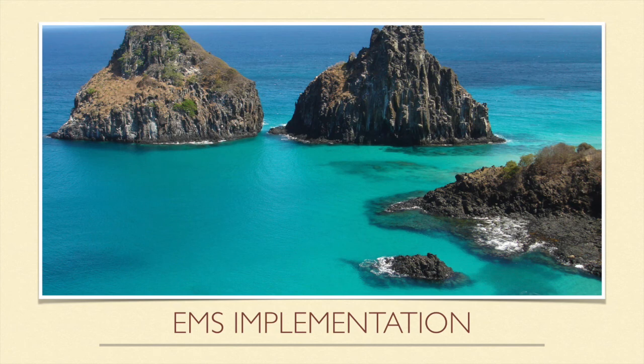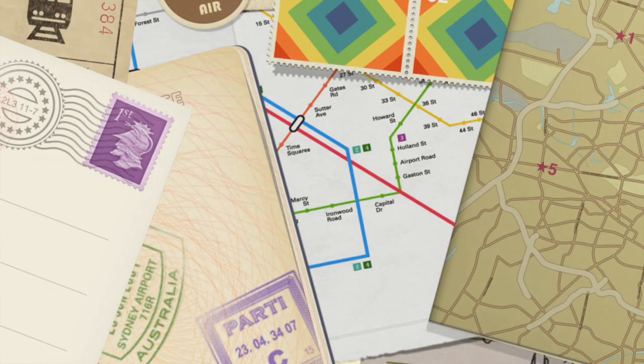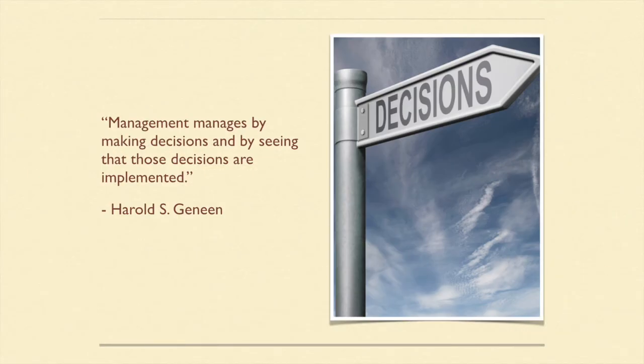We now come to the implementation of the EMS. Environmental management systems implementation includes individual actions, group actions, organizational actions, and leadership development. Harold S. Geneen once said, "Management manages by making decisions and by seeing that those decisions are implemented."